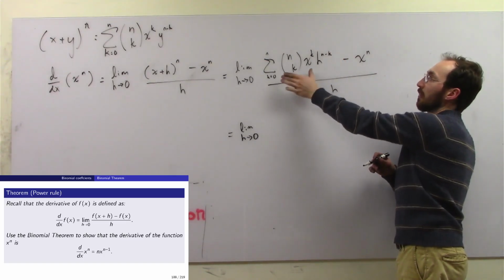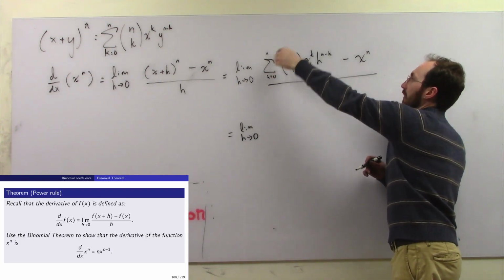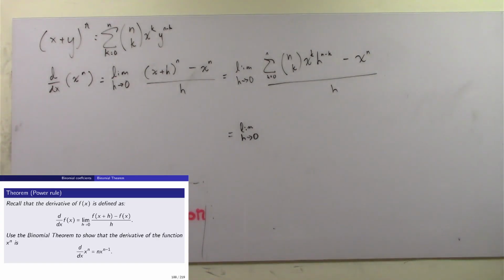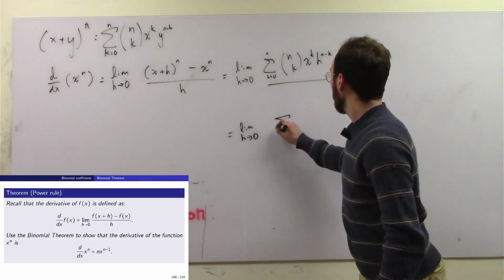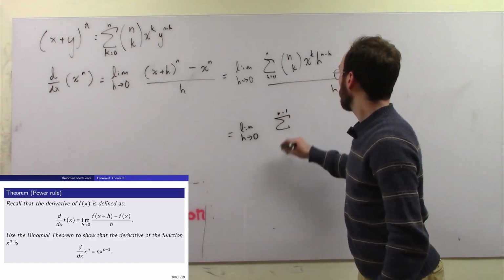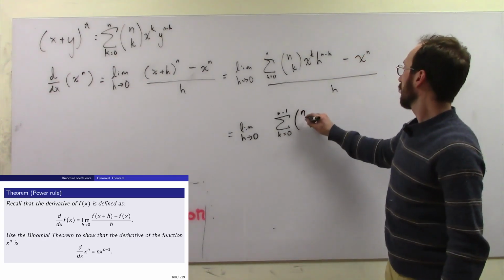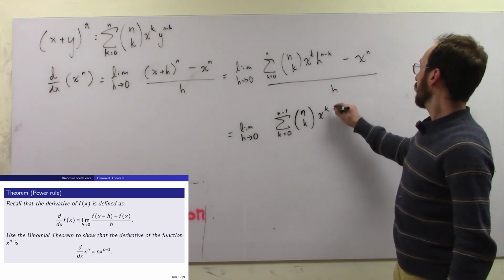So it turns out the coefficient of x to the n in this polynomial is just 1. So let's rewrite this.